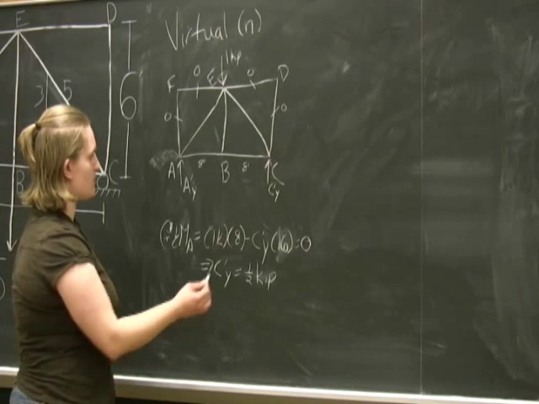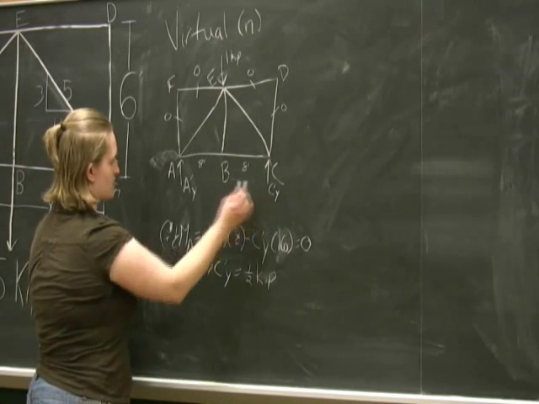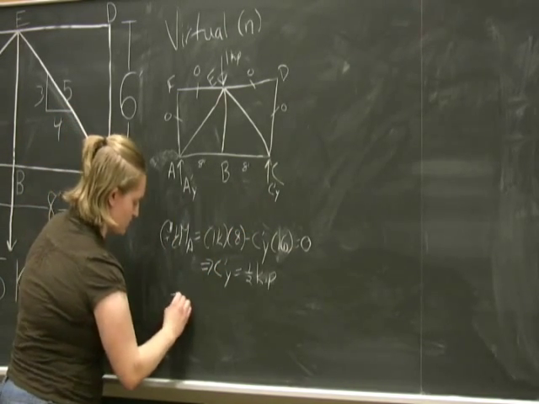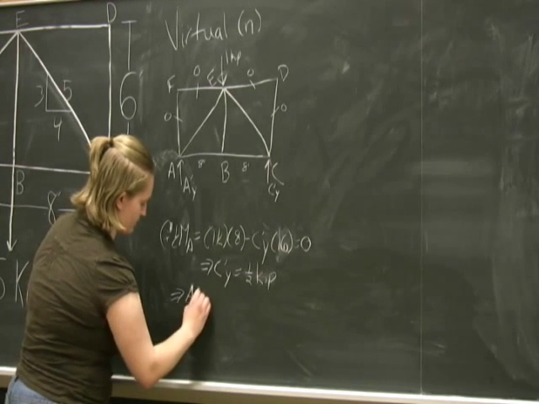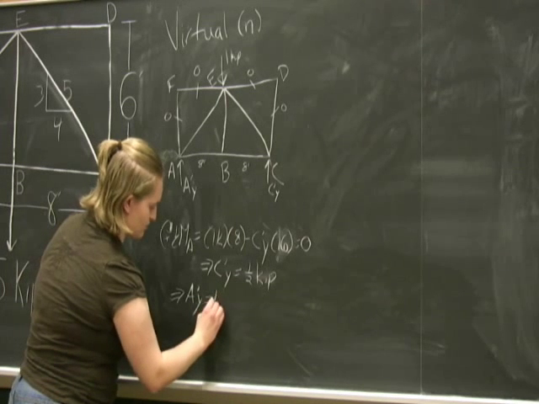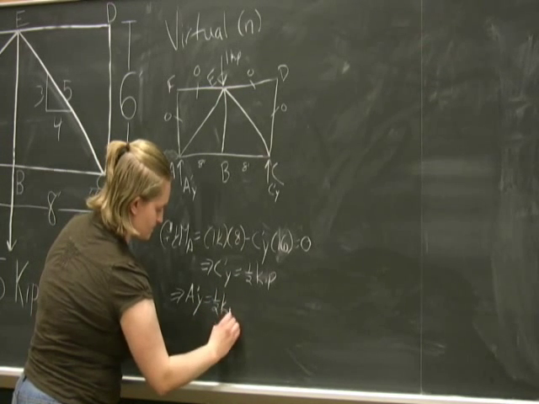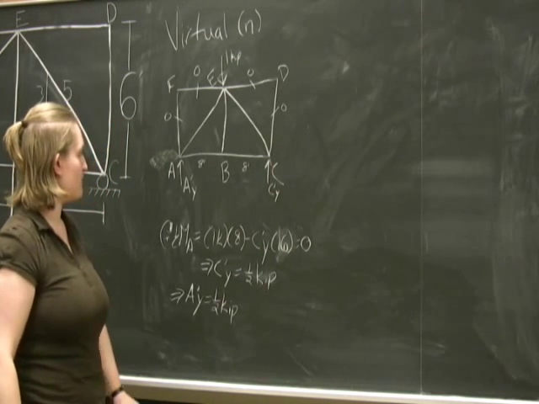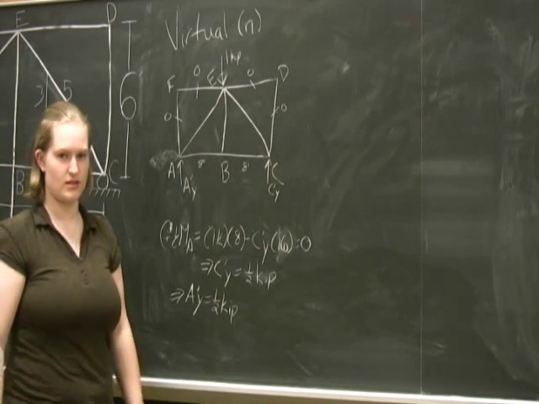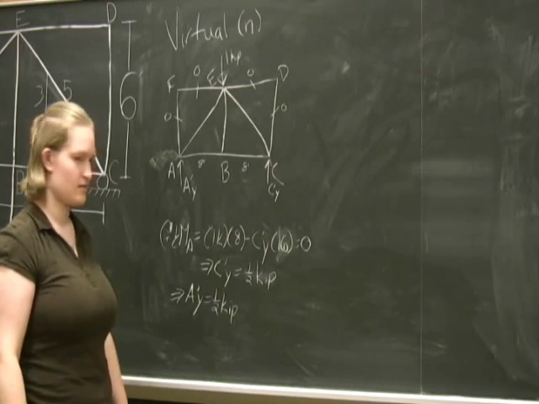Also, just by looking at it in symmetry, C'y is going to equal A'y, so we don't even have to do equations of equilibrium anymore. A'y is also equal to half a kip. Now we have solved for all the external forces, and we'll move on to the internal forces.